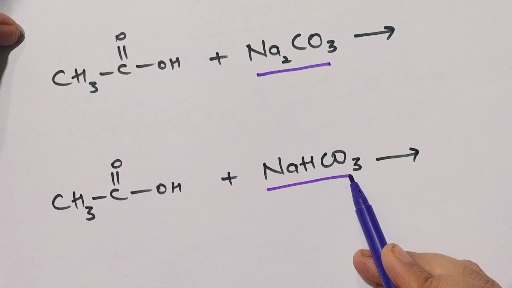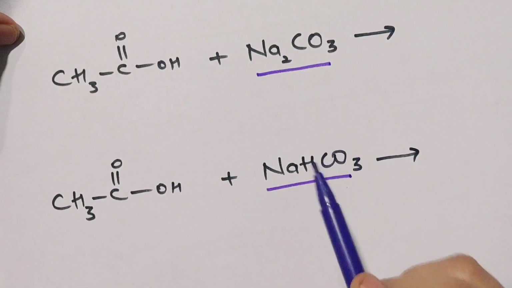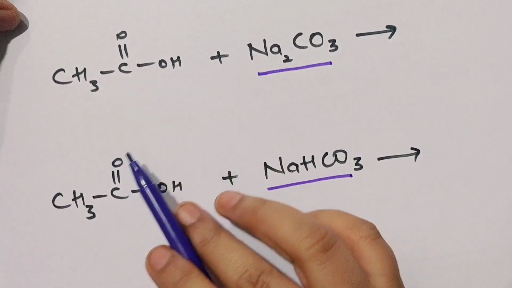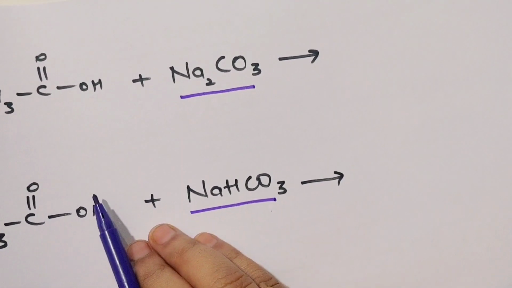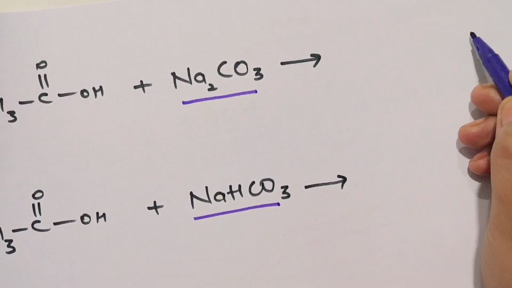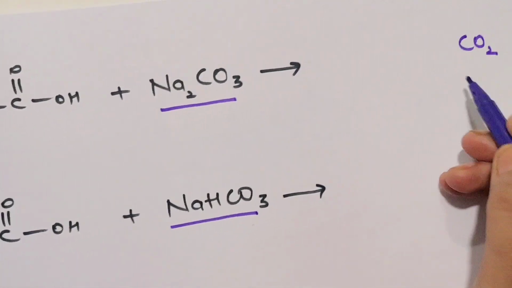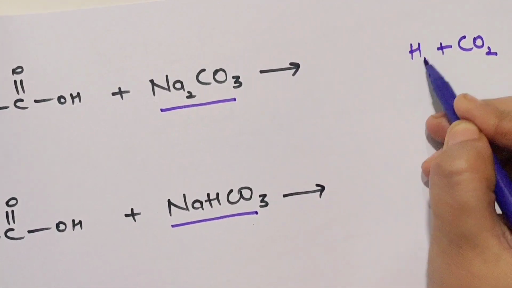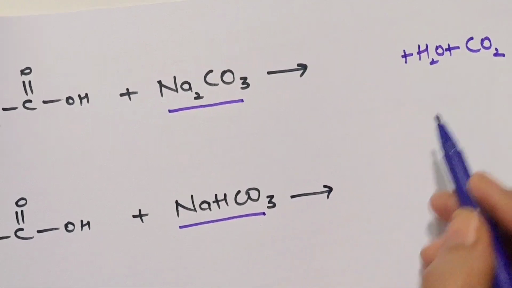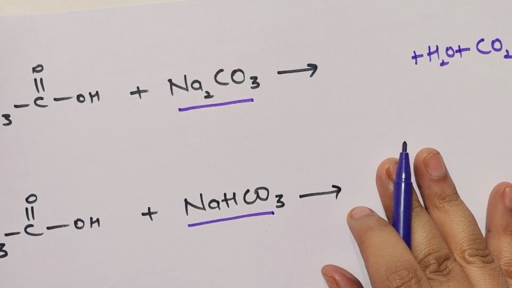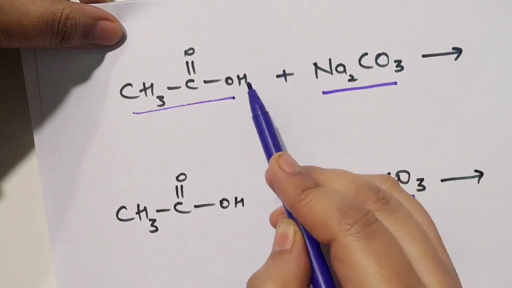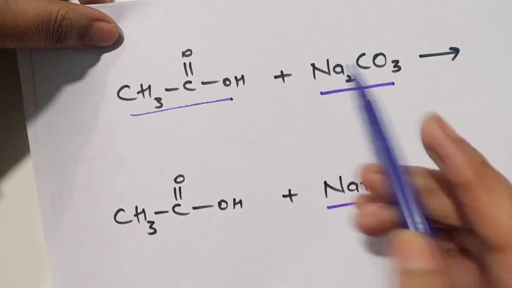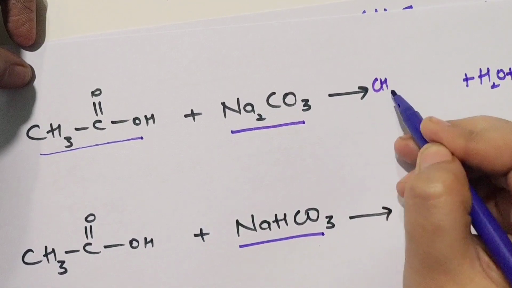Carbonates or hydrogen carbonates, whenever they react with acid, any acid, mineral acid or carbon-based acid, they would always liberate carbon dioxide, water, and a salt. Now, how would you form the salt? This is the acid. Replace hydrogen with sodium. That would be the sodium salt of that acid.